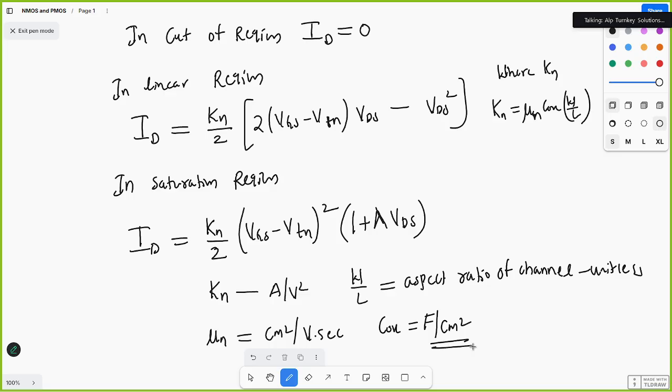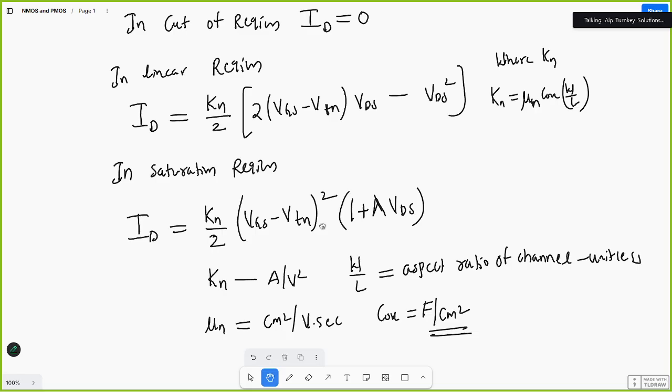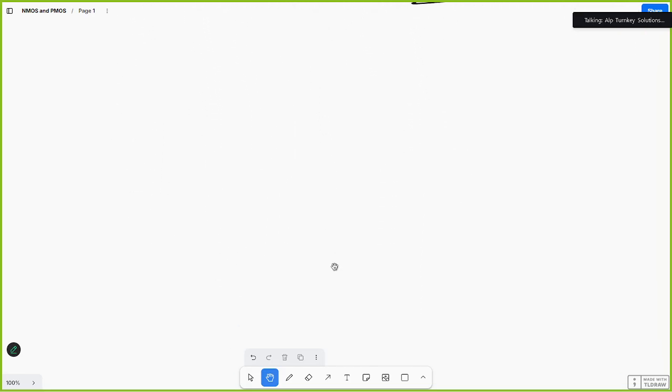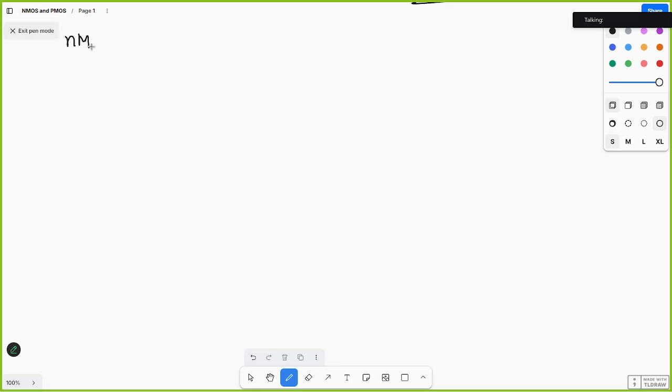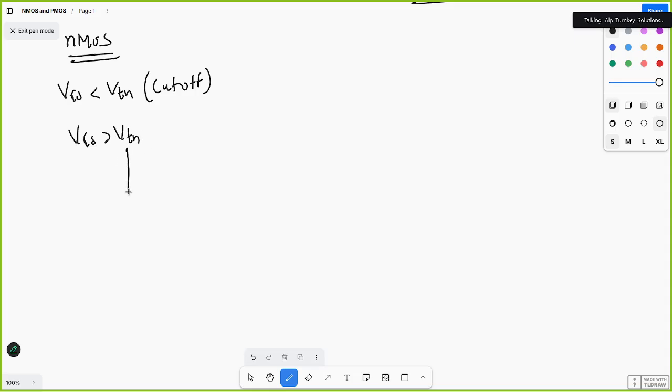Next, we have already seen the different regions of operation and their conditions. What are the regions of operation for NMOS? When VGS is less than VTN, it is the cutoff region. When VGS is greater than VTN, again two conditions are there, depending on VDS.